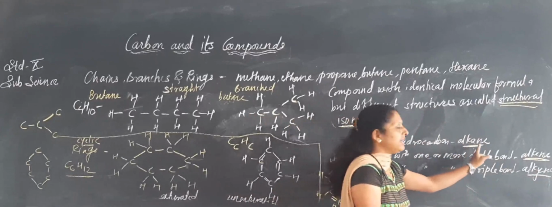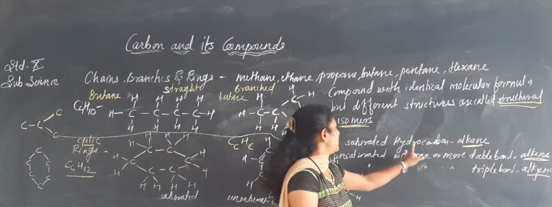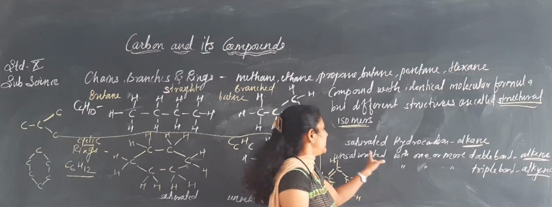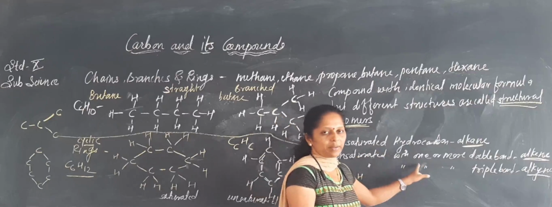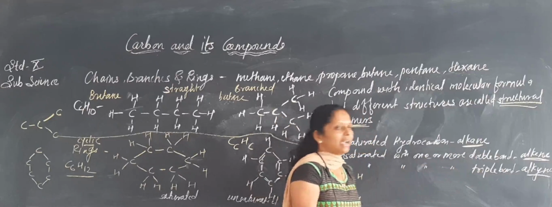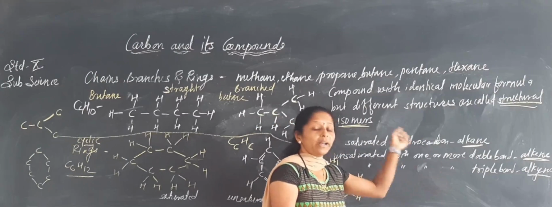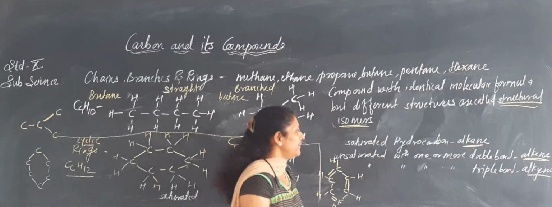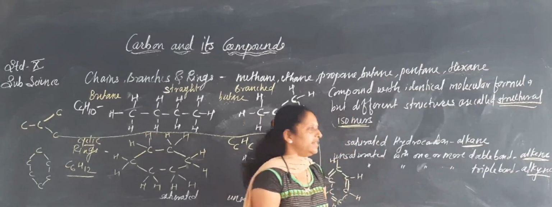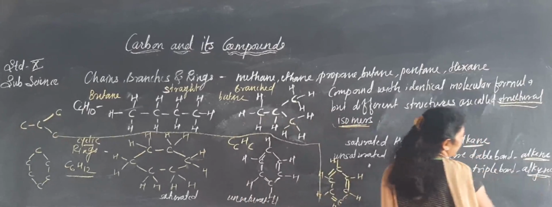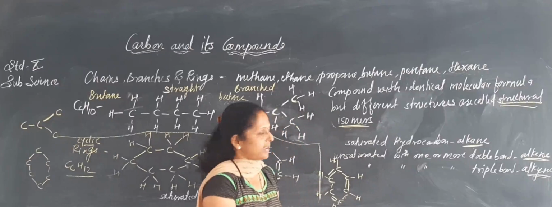A-L-K-E-N-E, alkene. Alkane is a saturated hydrocarbon with single bonds. Unsaturated hydrocarbon with one or more double bonds is alkene. Next, unsaturated with one or more triple bonds are called alkynes, A-L-K-Y-N-E-S.